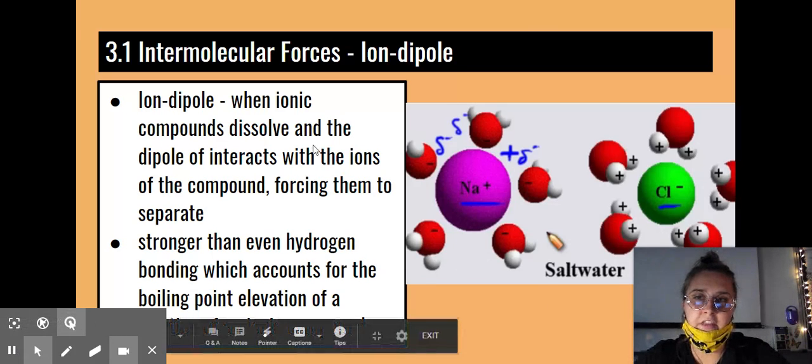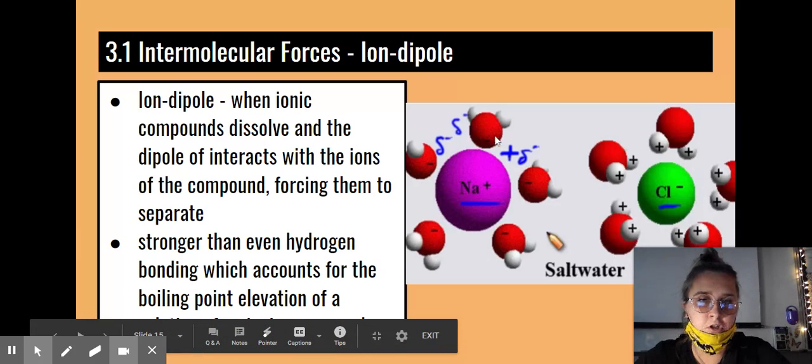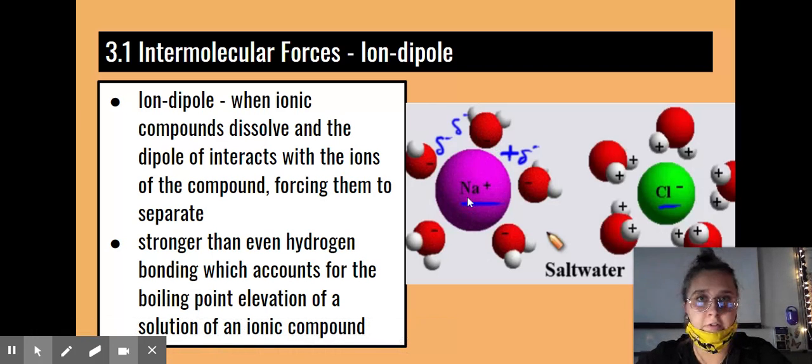And you can see that the intermolecular forces have caused the negatively charged oxygen side of the water molecule to be attracted to the positively charged sodium ion. And then vice versa over here with the negatively charged chlorine, you've got your positively charged hydrogen atoms attracted towards it.